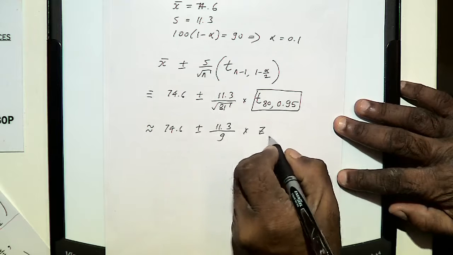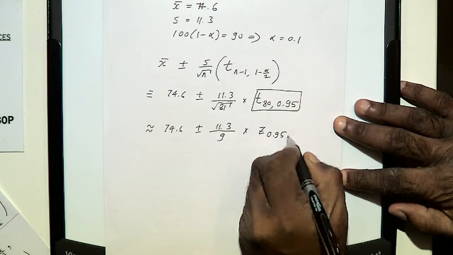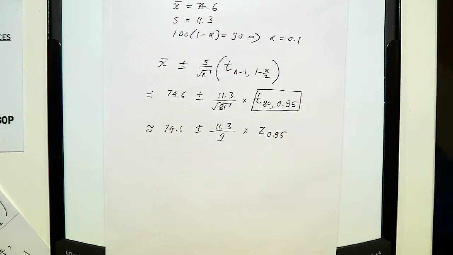The reason for this approximation is that the degrees of freedom, which is 80, is a large number, certainly larger than 25. Anything above 25 is considered large in statistics.